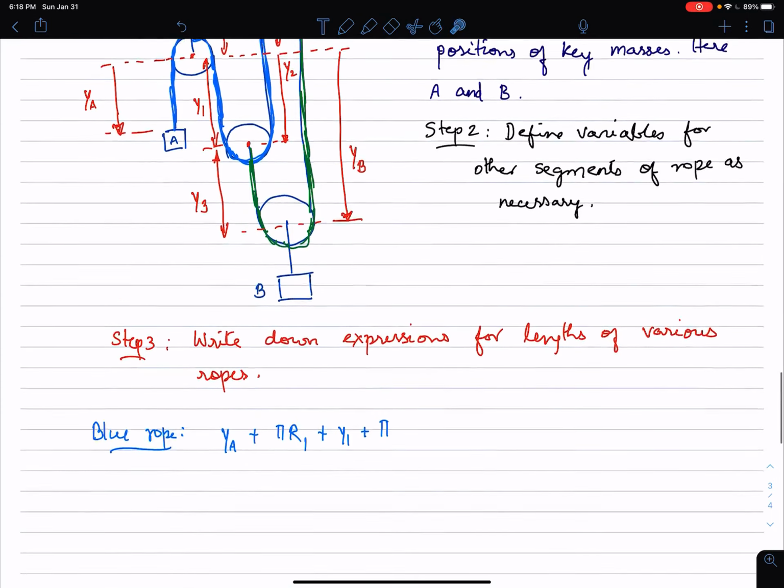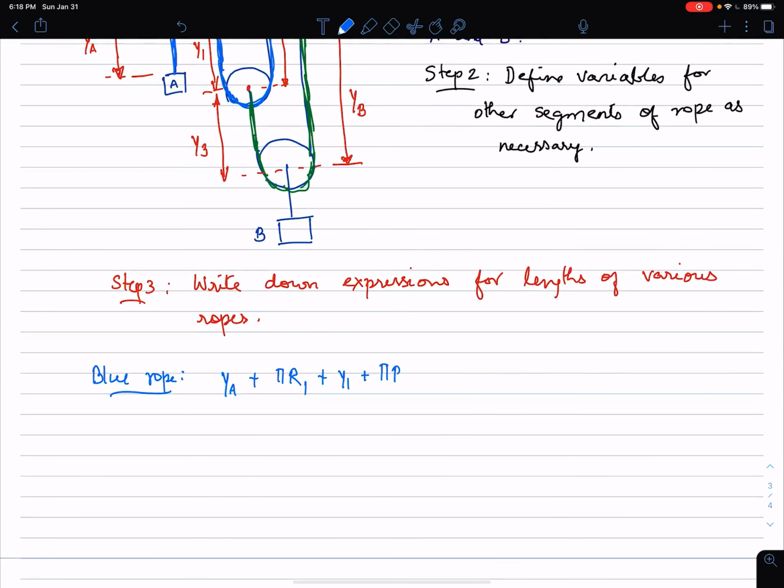Plus constant equals total length equals constant.